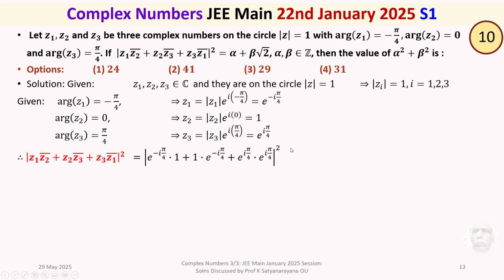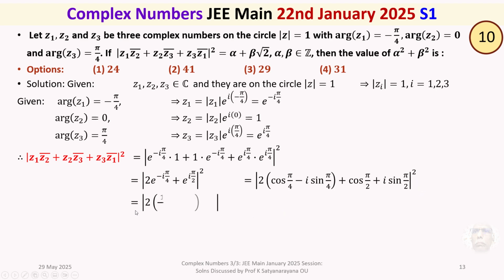Modulus squared of e^(-iπ/4) + e^(-iπ/4), which is 2 times e^(-iπ/4), plus e^(iπ/4) multiplied by e^(iπ/4), which is e^(iπ/2). This will be the modulus of 2 times e^(-iπ/4), which is cos π/4 - i sin π/4, plus e^(iπ/2), which is cos π/2 + i sin π/2, squared.